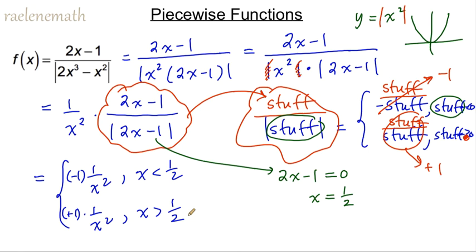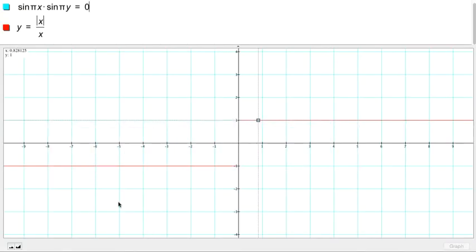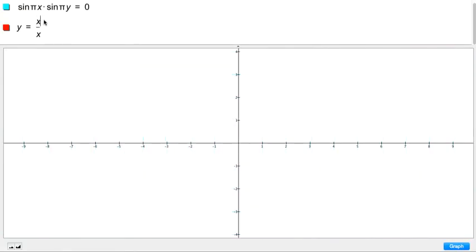And so when we draw this graph, we can draw it from the original function form, which doesn't require absolute value or piecewise notation with this curly bracket, or we can write it with the two pieces on the subdomains. So we'll define it the way it was given, y equals 2x minus 1 over the absolute value of 2x cubed minus x squared.